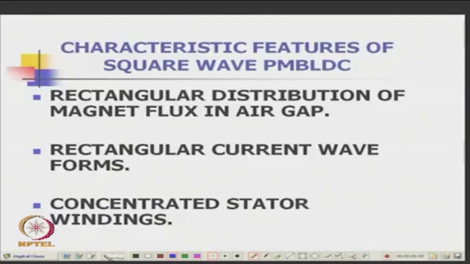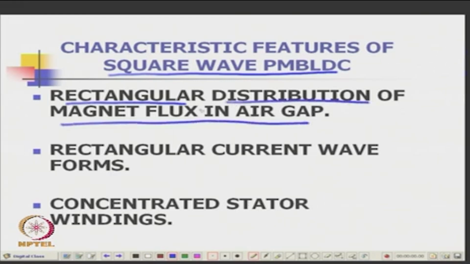Right. So, what we have discussed is this square wave permanent magnet brushless DC motor. It has a rectangular distribution of magnetic flux in the air gap.